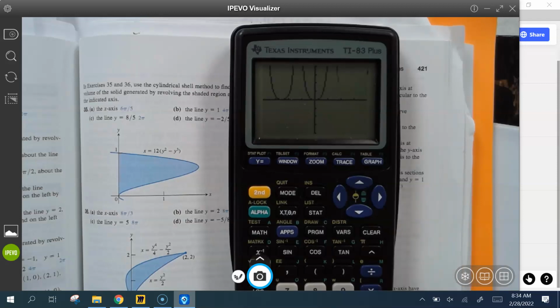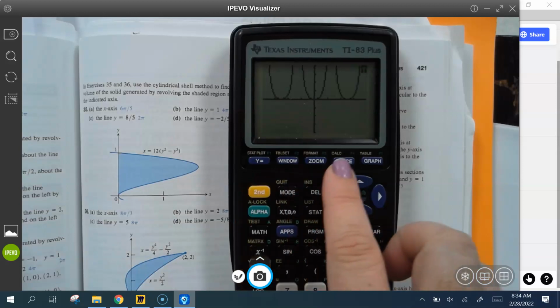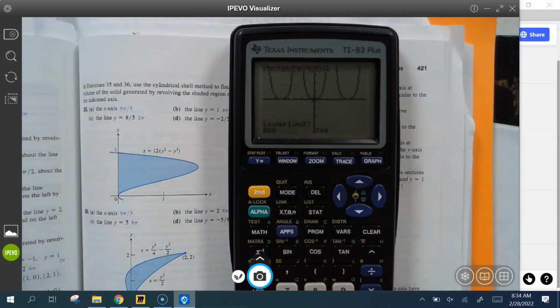If you're wanting to find the integral in here, if you go second, trace, calculate, and then do number 7 there, then tell it the limit from 0 to 1.